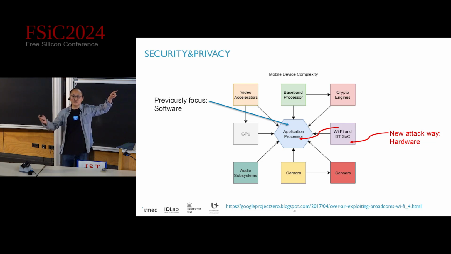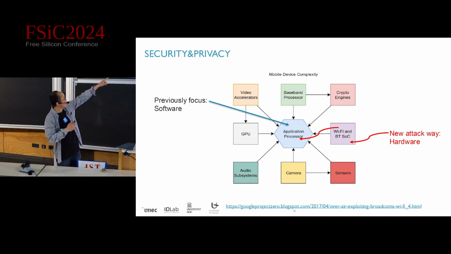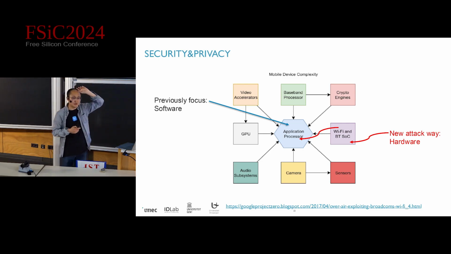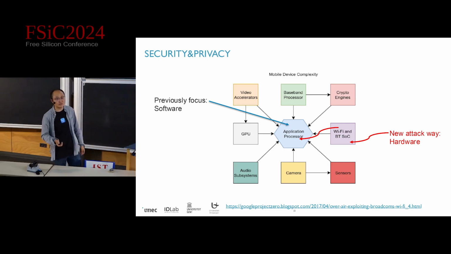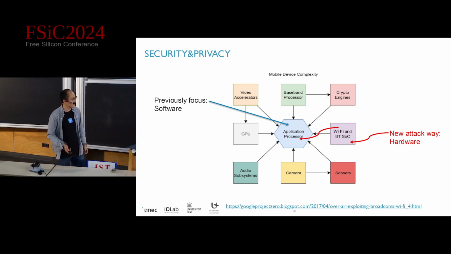The attack jumps over the air, just standing next to you, over the air to the Wi-Fi, then in your Android application domain, running code silently. So Wi-Fi is not just a dumb device. It's very weak.